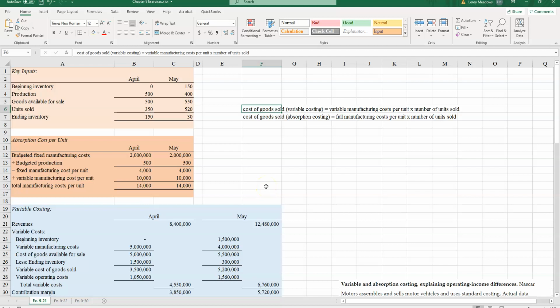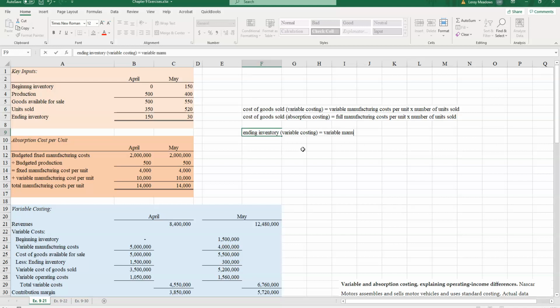And again, I can do that with ending inventory as well. My ending inventory under variable costing equals variable manufacturing cost per unit times the number of units in ending inventory.